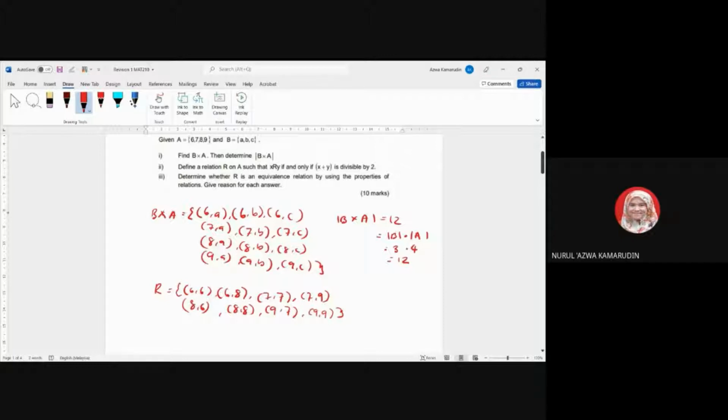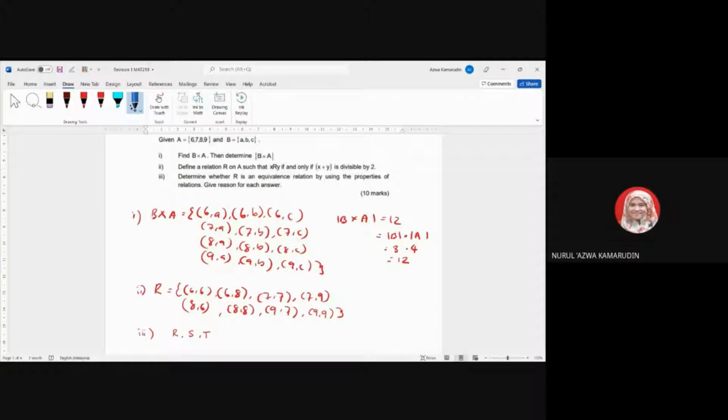Okay, so as follows, this is number 2. This is number 1. Now to check whether it is equivalence relation by using properties of relation, number 3. So equivalence relation must have reflexive, symmetric and transitive. Okay, so please check whether it is reflexive.